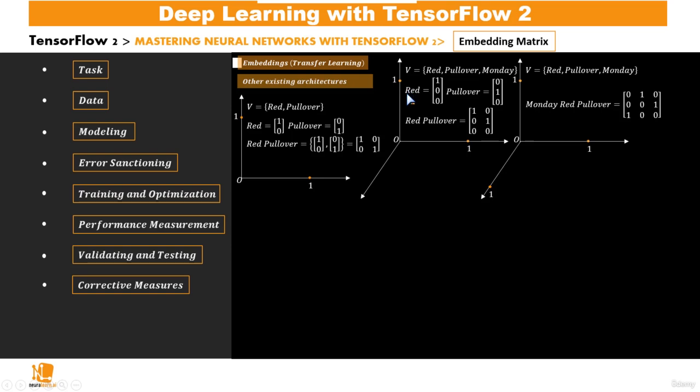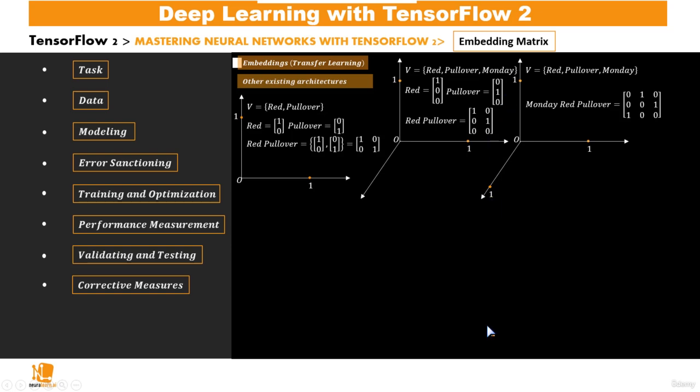Since for the word read, for example, we're going to have a one hot vector with 100,000 different positions, and then for pullover we're going to have 0, 1, 0, and then 99,997 other zeros to form a 100,000 dimensional vector.